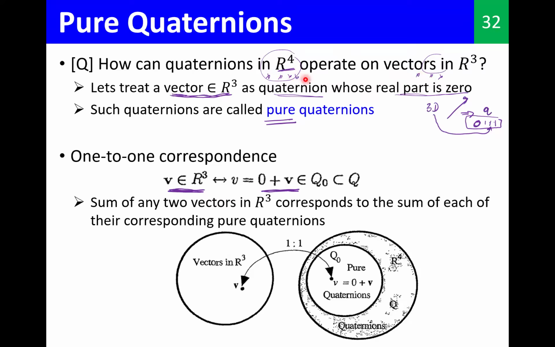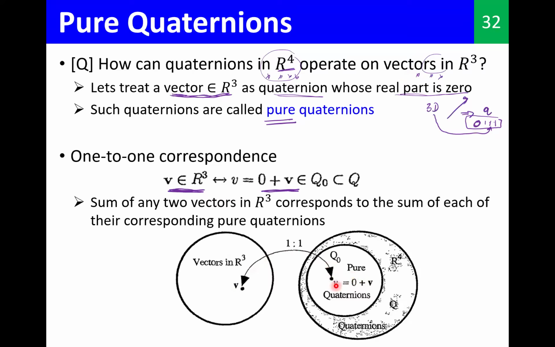How I can do that is, I take a vector and transform that vector into a quaternion having a 0 scalar part. So these 3 vector parts are now coming from the vector. In R3, this is the vector. So the corresponding pure quaternion is this with a 0, and this vector is the same as this.